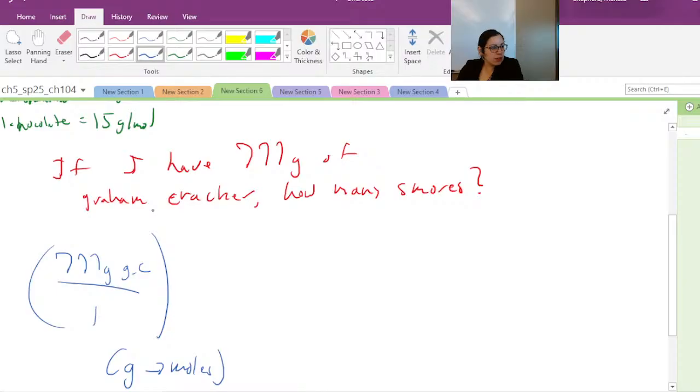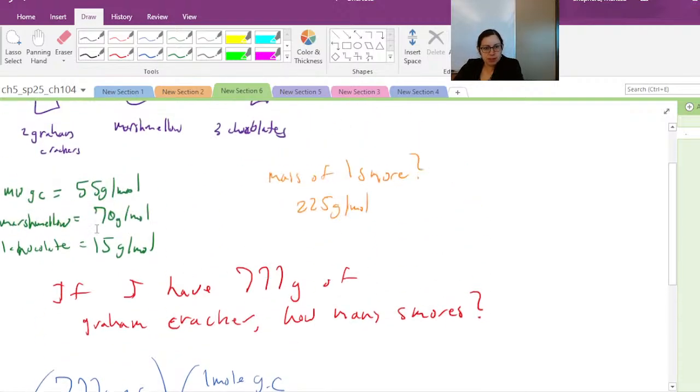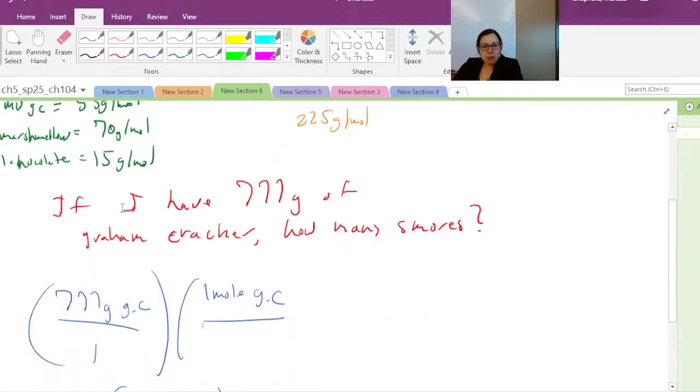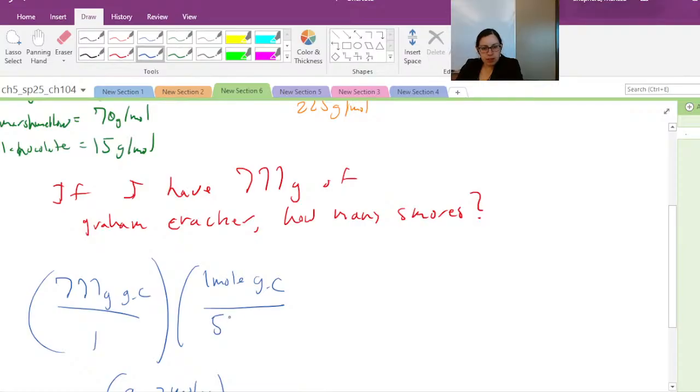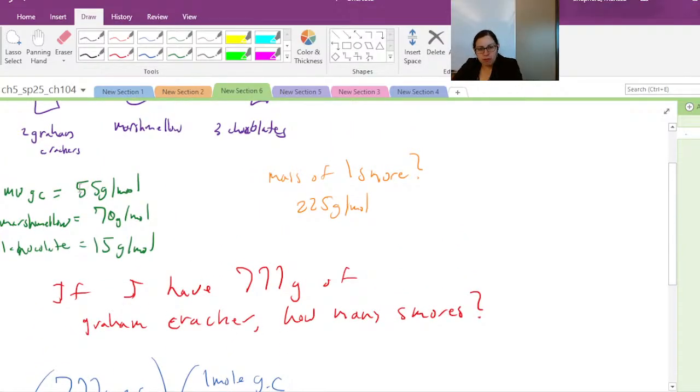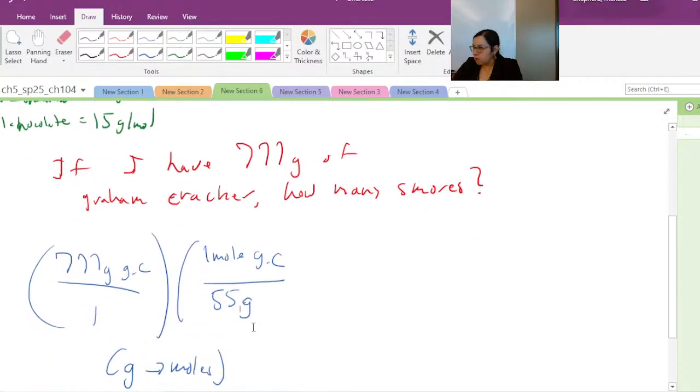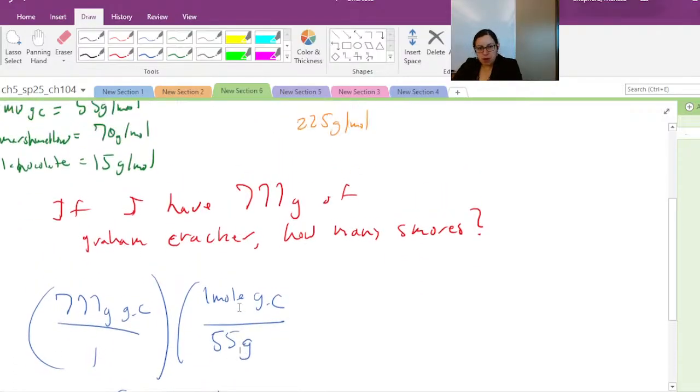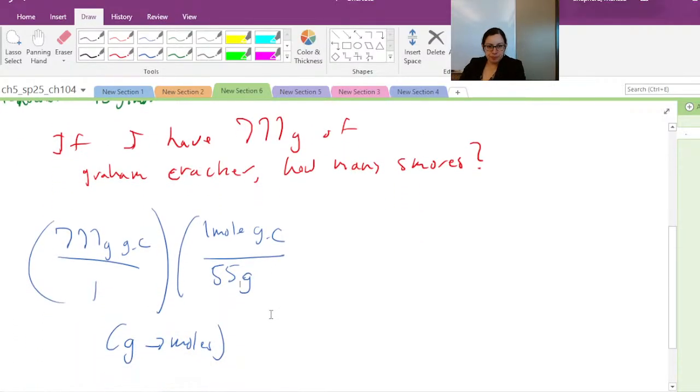And so now let's do that. So we have our relationship. So again, 1 mole of graham cracker is 55 grams per mole. And notice that, so you have your grams per mole. So 55 is going on the bottom, 1 mole's on top.